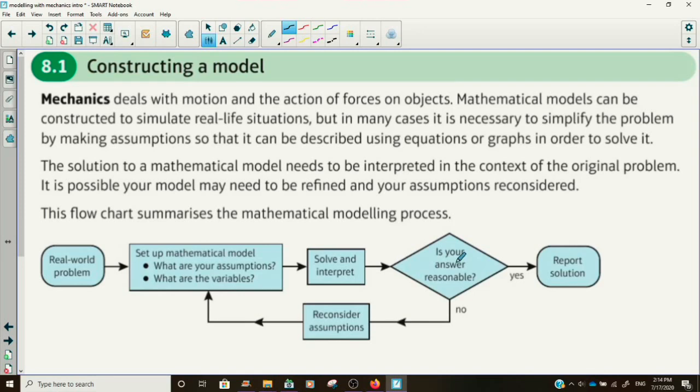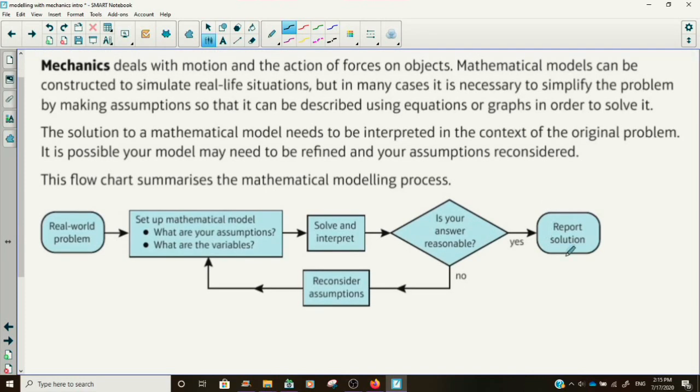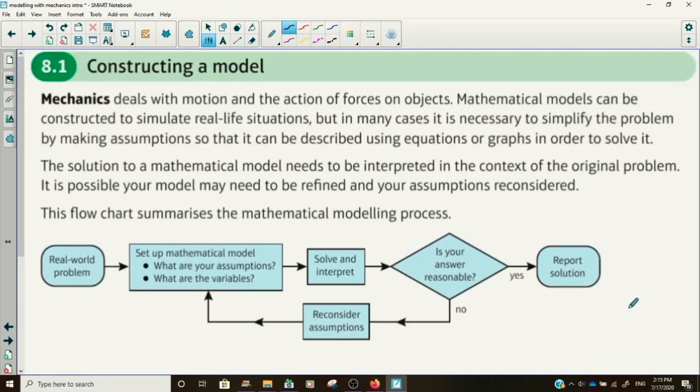Okay, so that's the whole process of working out a mathematical model, refining it until we get a model that's adequate for our needs. Okay, and then we would just report our solution as a formula.